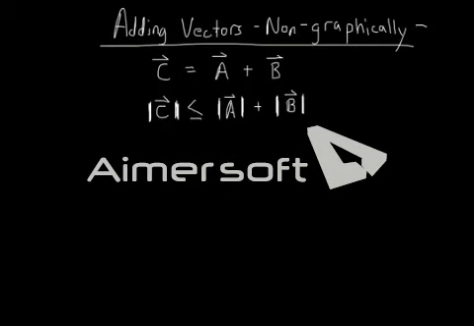So now that we know how to find components of a vector, we can talk about how to add vectors and how to do it without making graphs. So let's say I have a vector C that's equal to the sum of vector A and vector B. We have a property of vectors that tells us that the magnitude of that sum vector, the magnitude of C, is going to be less than or equal to the magnitude of A plus the magnitude of B. So a vector is less than the sum of its parts.